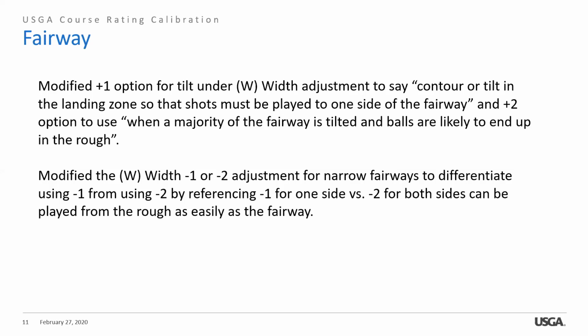And for those of you in this neck of the woods, we had that application at Fernhill, where the rough was non-existent pretty much, so we had some W- adjustments because you could easily play from that as you could the fairway.